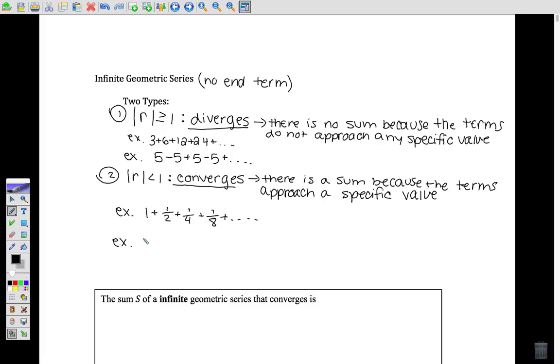Even if it's negative, so say 4 minus 1 plus 1/4 minus 1/8 and so on, your common ratio r is -1/4. Still, even though it's alternating, these numbers are getting very close to 0, so you can still figure out what the sum is going to be.